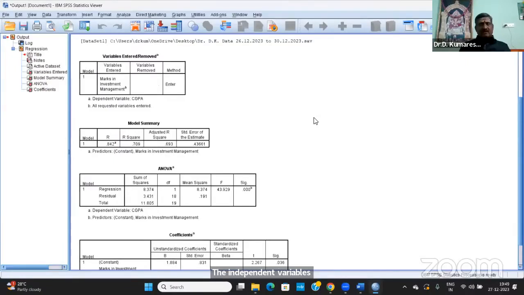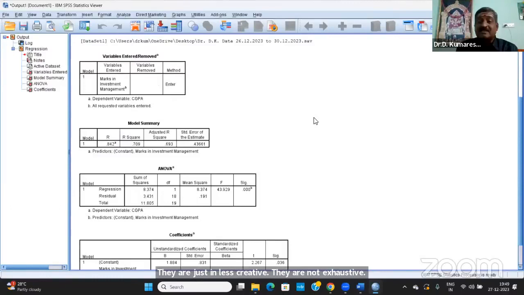But sometimes, apart from the independent variables considered in our study, what variables we have taken as independent variables are just illustrative. They are not exhaustive.